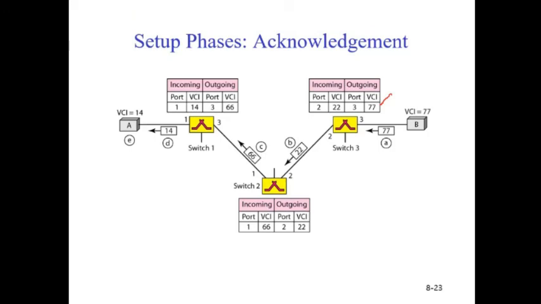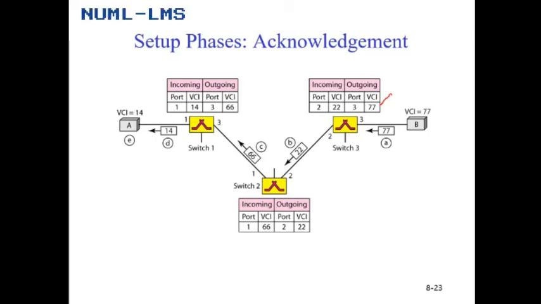The frame also carries VCI 77, chosen by the destination as an incoming VCI for frames from station A. Switch 3 uses the VCI to complete the outgoing VCI column in this entry. Note the 77 is the incoming VCI for destination B, but the outgoing VCI for switch number 3.